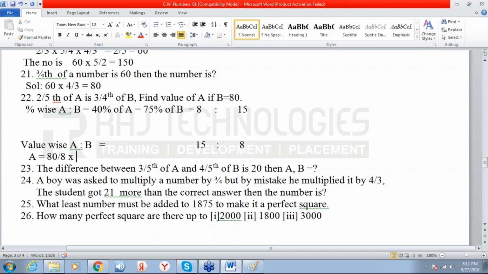When 8 units is equal to 80, then 15 units is equal to 80 divided by 8 into 15. 80 divided by 8 gives 10. 10 into 15 is equal to 150. So A is equal to 150, B is equal to 80.